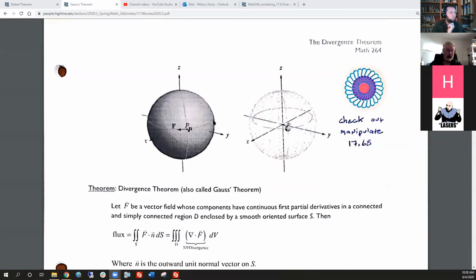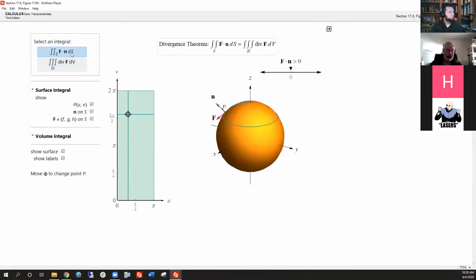All right, let's look at this manipulate and see if we can understand what's going on. First of all, remember that the divergence theorem has a surface integral on the left and a triple integral on the right.